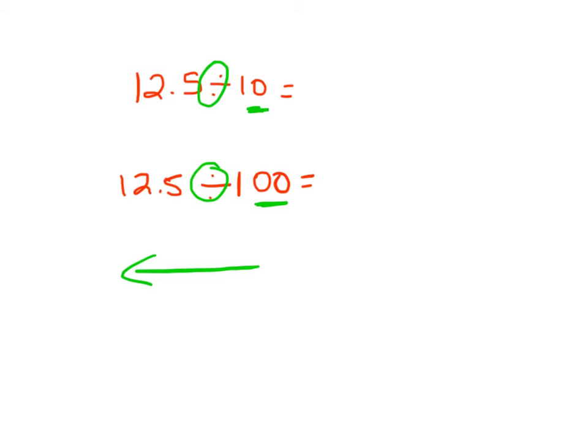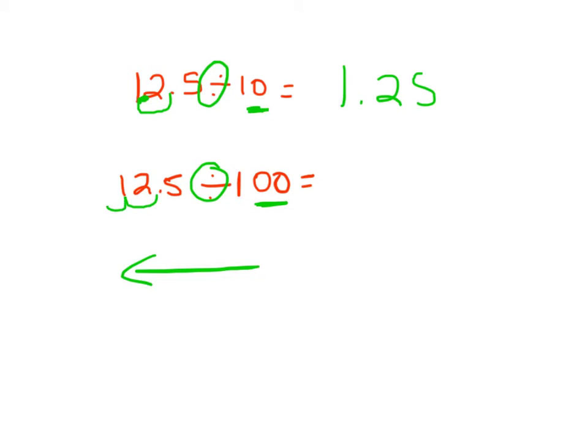So let's go ahead and move those decimals in this first one. I've got a 10 right here, so I'm going to move the decimal 1 place. So I'll do that, move it 1 right there, and it will end up being between the 1 and the 2, so I'll have 1.25. And down in this one down here, I've got 100, so I've got 2 zeros, so I'm going to move the decimal place 2 scoops.